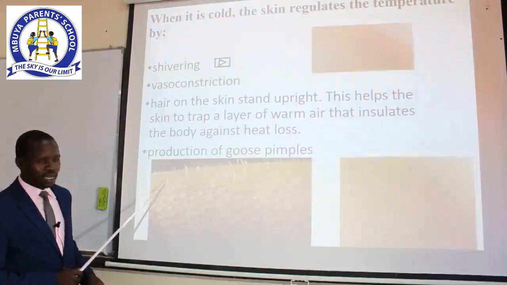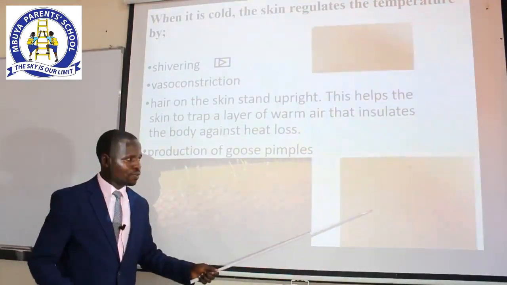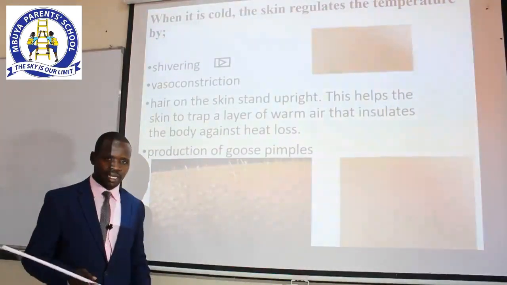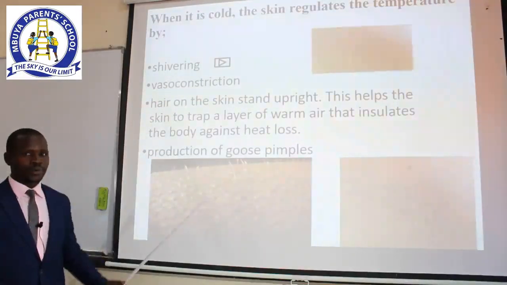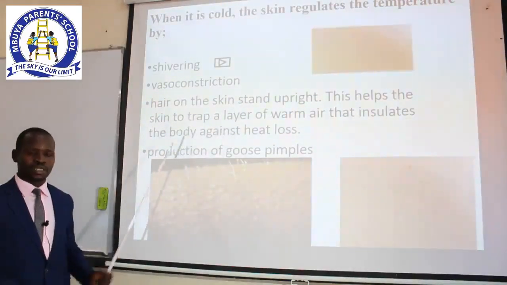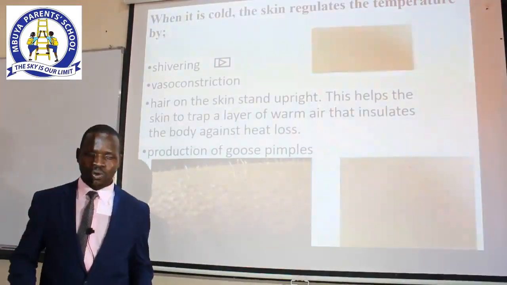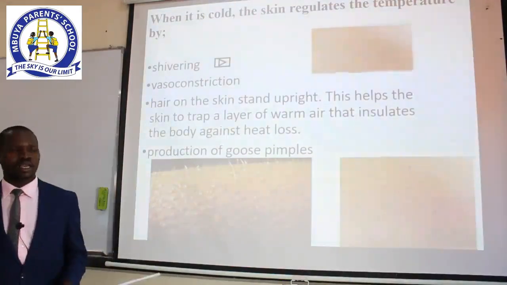The hair will stand upright and there will be a development of goose pimples on your skin to maintain the heat in your body. So all these processes help retain heat in our body since we are warm-blooded animals, or we maintain a constant body temperature.